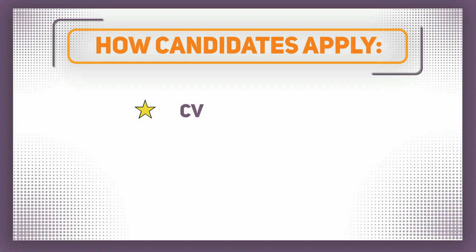CVs are sometimes called resumes, particularly in the US, but here in the UK we tend to stick to CV. Information provided on a CV includes work experience, education and qualifications, skills, hobbies and interests. This document can then be compared against the person specification that the business has created to see whether the applicant is a good fit for the job being advertised.